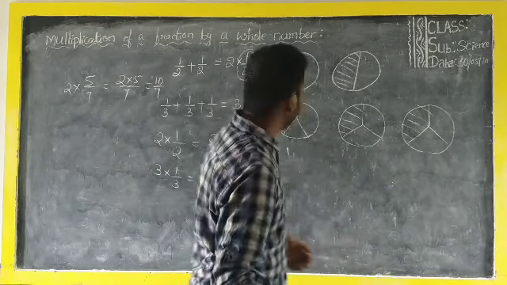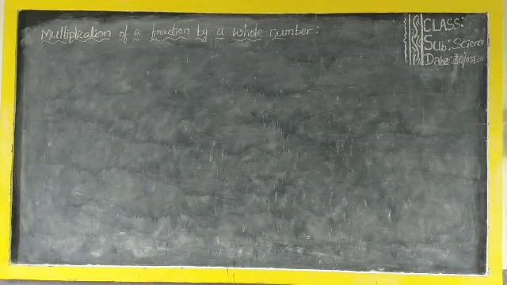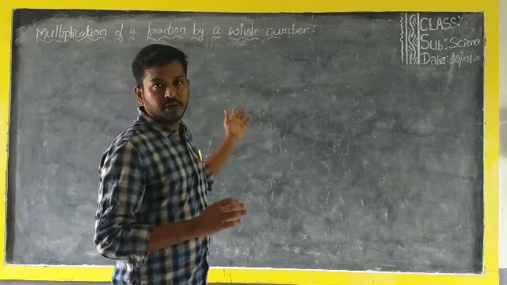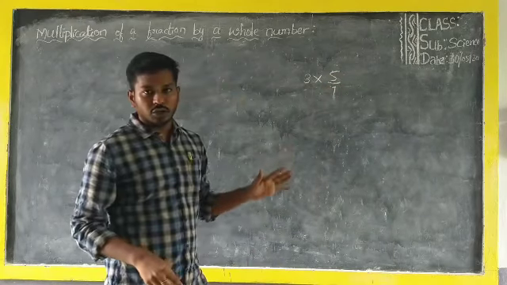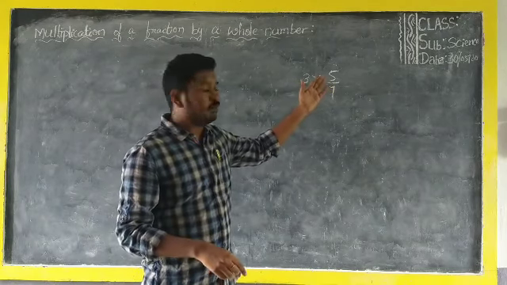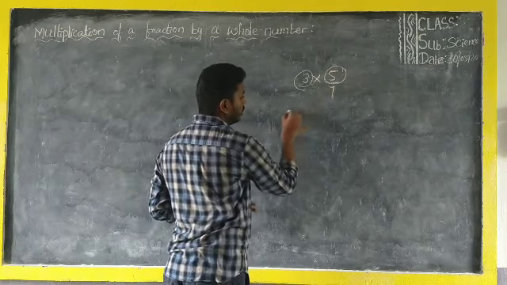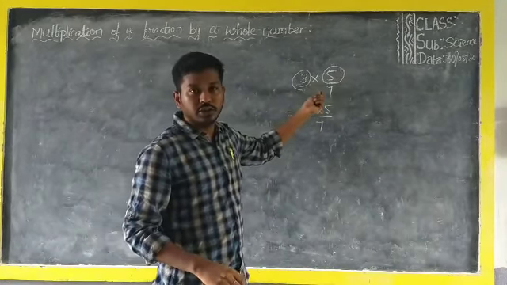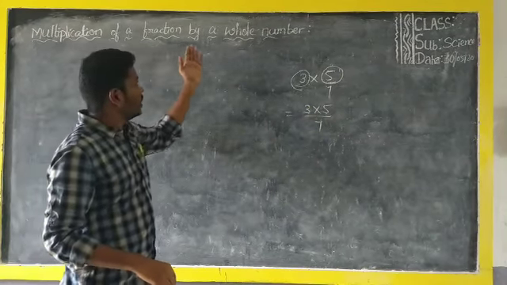Now look at example 5. Okay students, if you multiply a fraction by a whole number, for example 3 into 5/7, if you multiply a whole number by any proper or improper fraction, we should first multiply the whole number into the numerator.